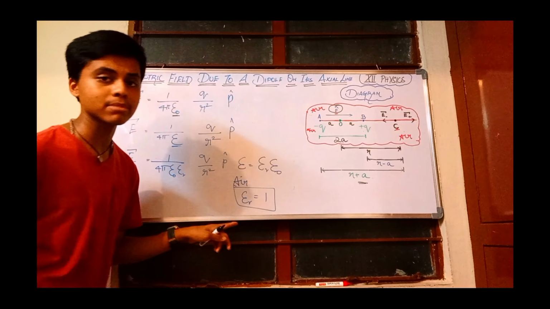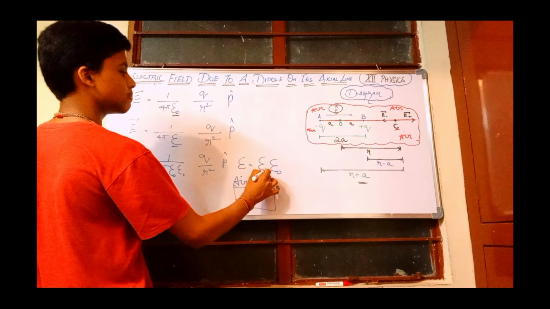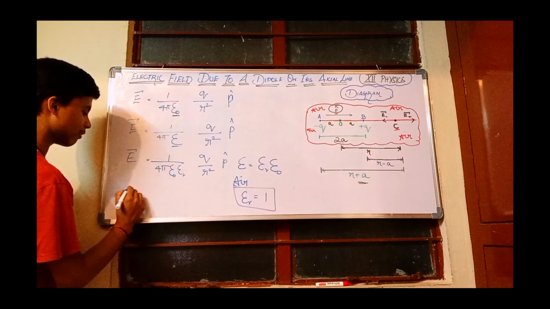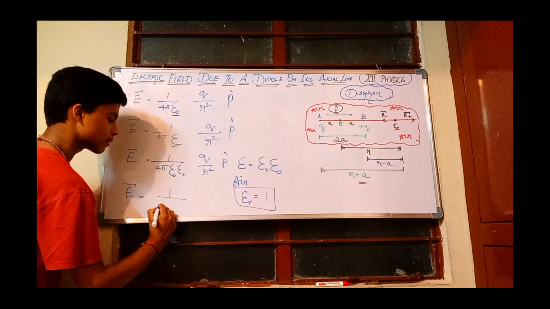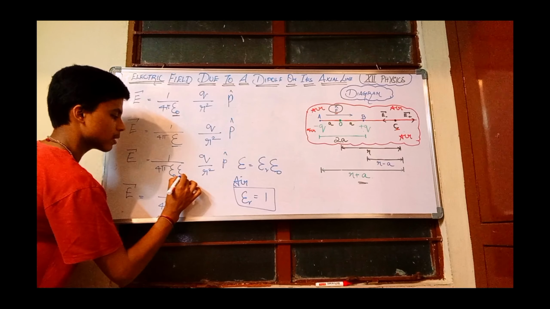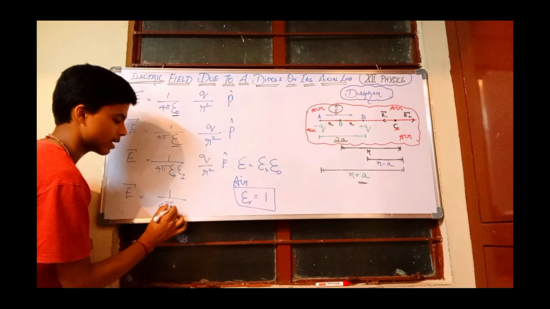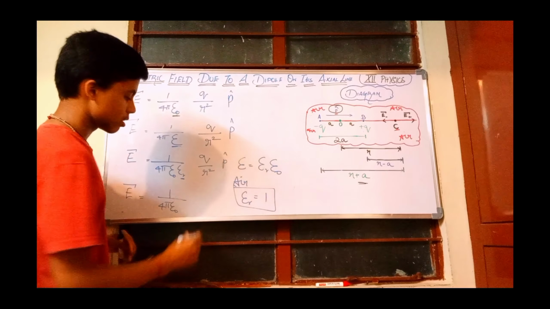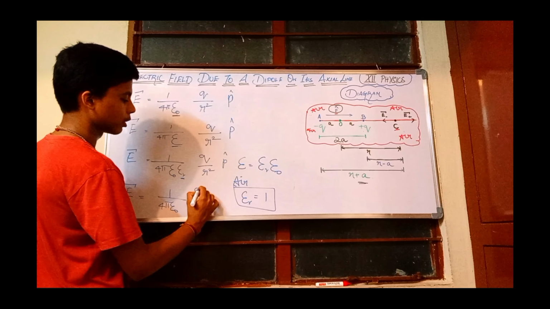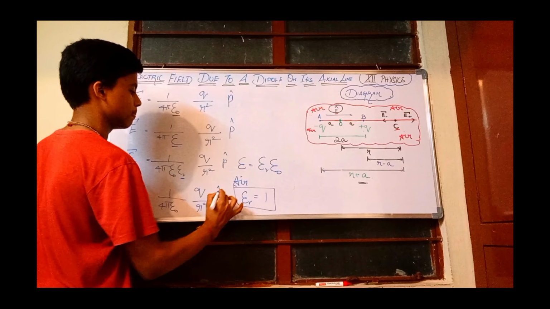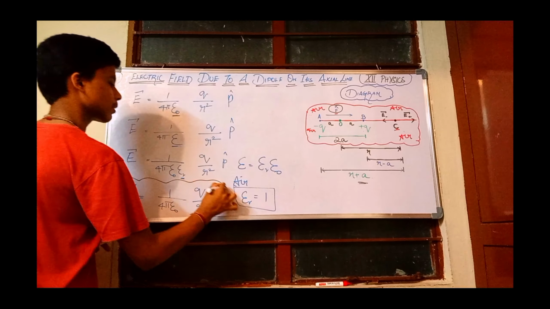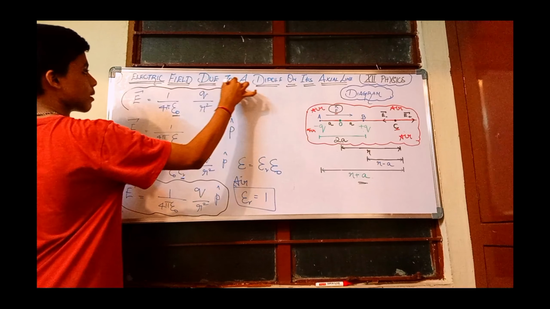So when epsilon r becomes 1, I get 1 by 4 pi epsilon naught, because anything multiplied by 1 is anything. So 1 by 4 pi epsilon naught q by r square p cap. So this formula matches with this formula.